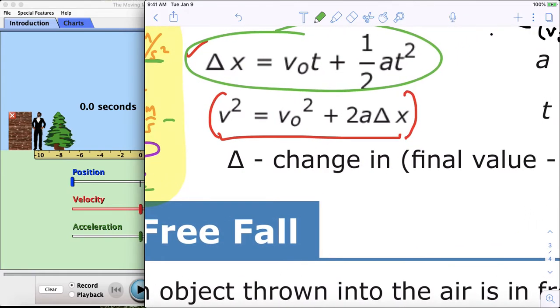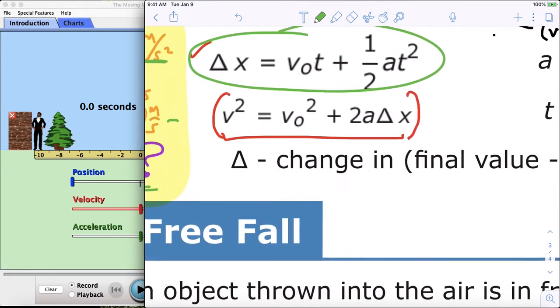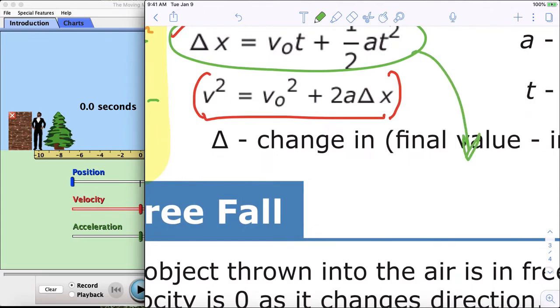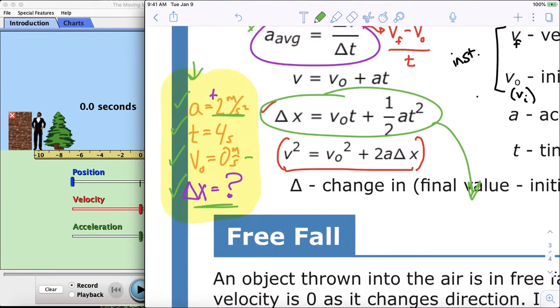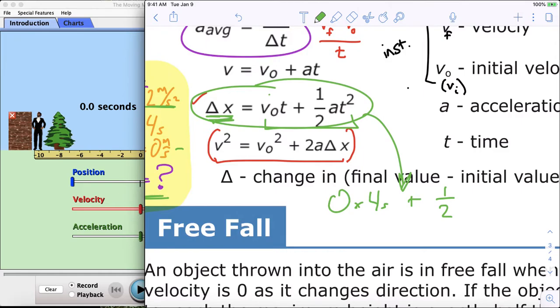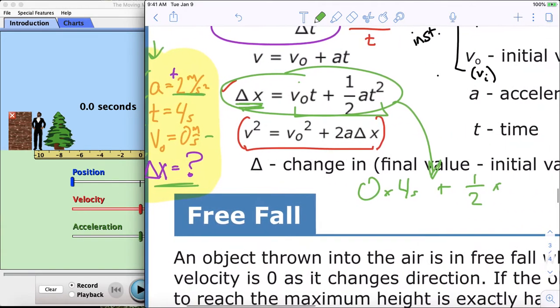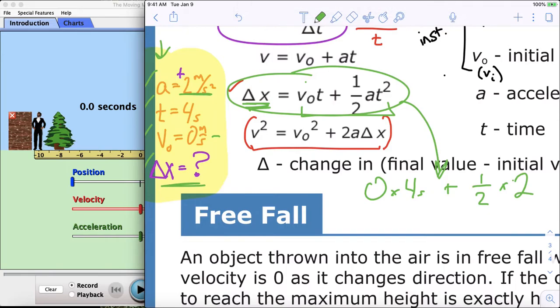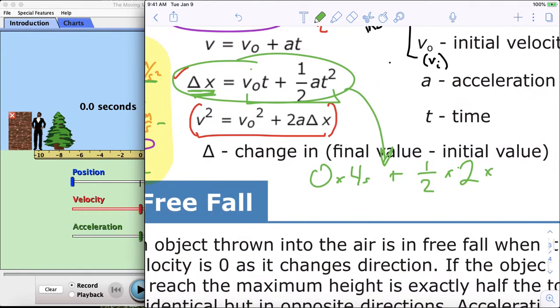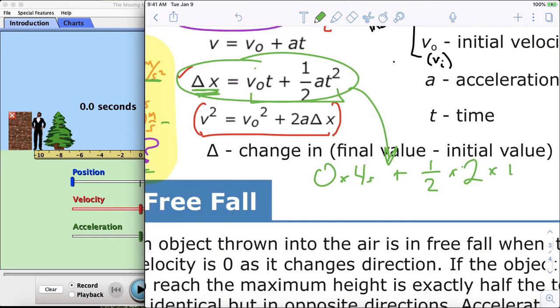So let's say I do that down here again. Again, not a lot of room, but my displacement is going to be how far I go. I just plug them into this equation. So my initial velocity is 0 times 4 seconds plus 1/2 times 2 meters per second squared times 4 seconds squared.